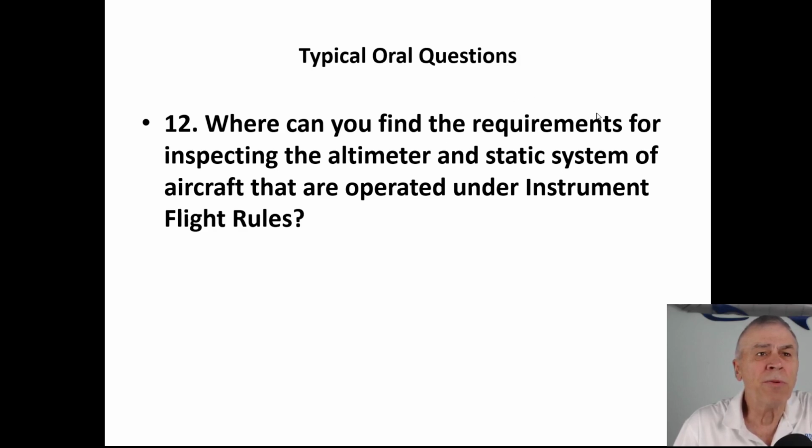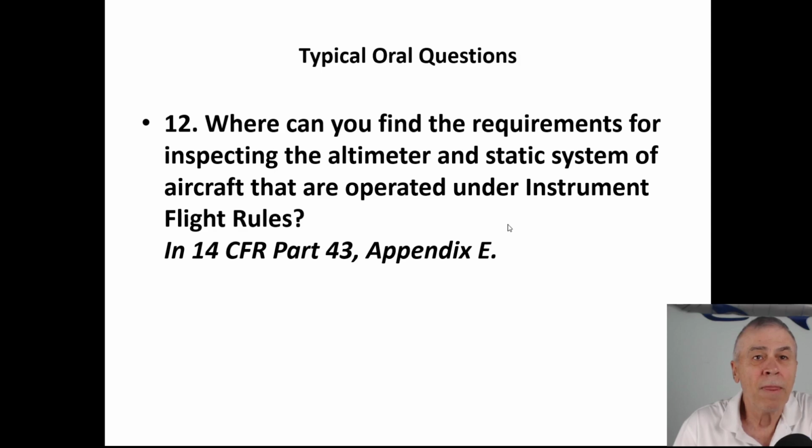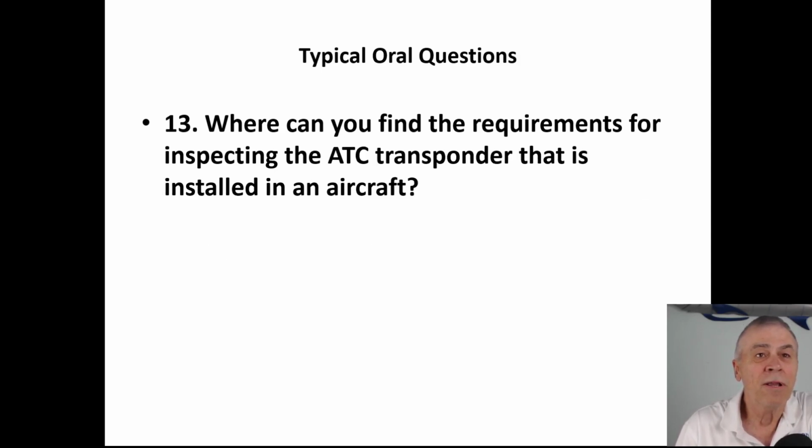Where can you find the requirements for inspecting the altimeter and the static system of aircraft that are operated under IFR, Instrument Flight Rules? Well, we just happened to take a glance at that, and it was not Appendix D, but it was Appendix E of Part 43. And normally this goes along with probably question number 13. Where can you find the requirements for inspecting the ATC transponder?